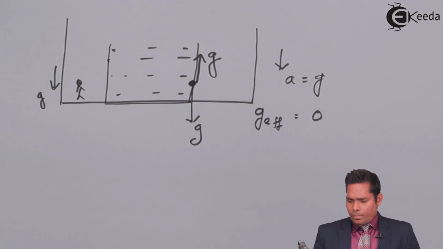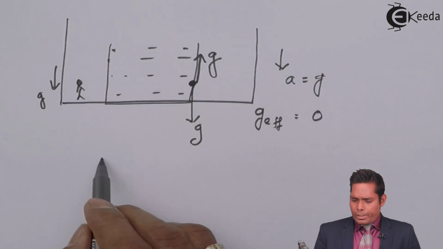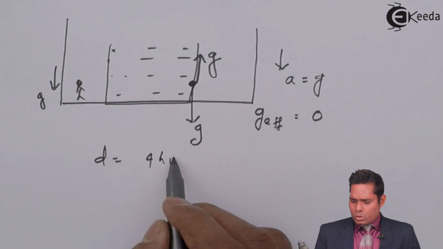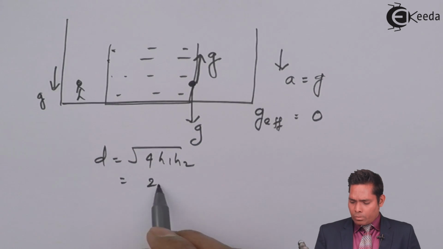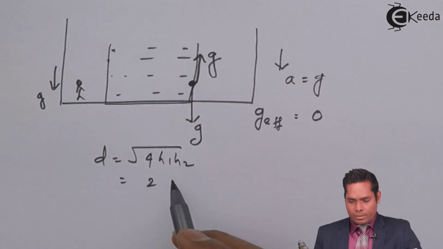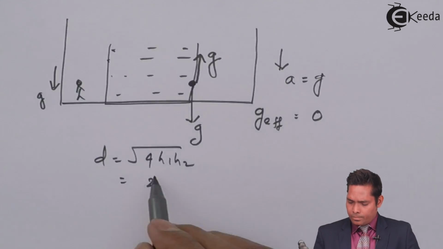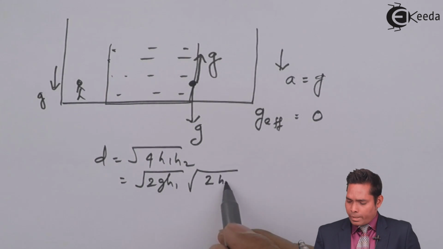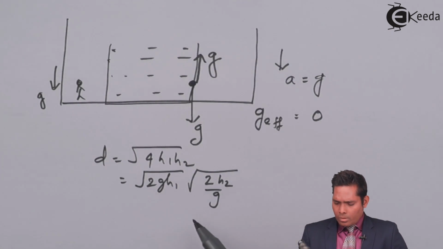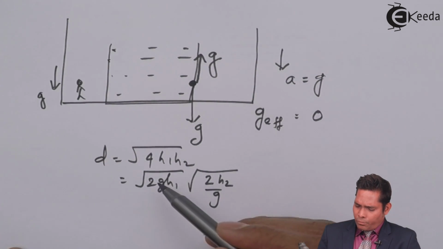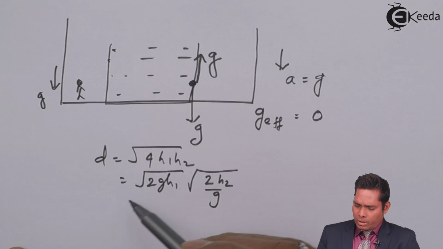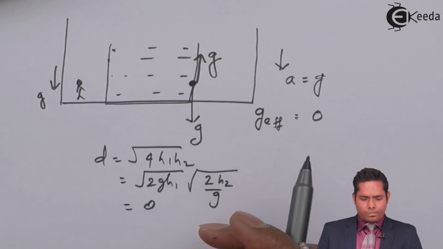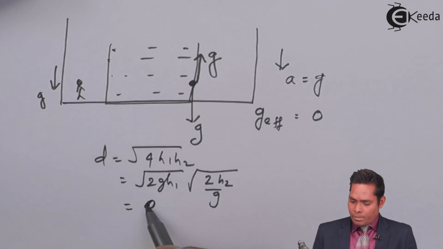Now g effective is 0, and we got d from the expression root of 2g h1 times root of 2h2 by g. If I put g effective as 0, then d comes out to be 0.